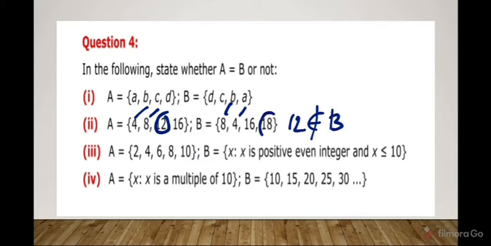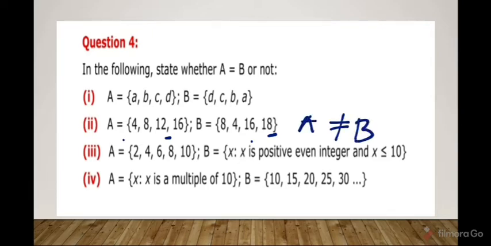Similarly, 18 belongs to B but 18 does not belong to A. So in this case, A and B both contain the same number of elements but the elements are not equal to each other. 12 is in A but it is not in B. Again 18 is in B but it is not in A. That's why in this case, A is not equal to B.